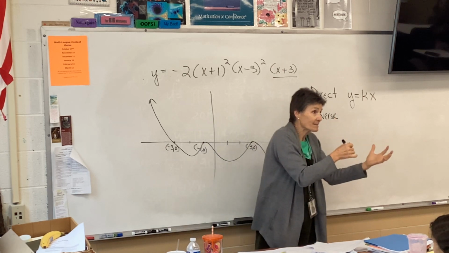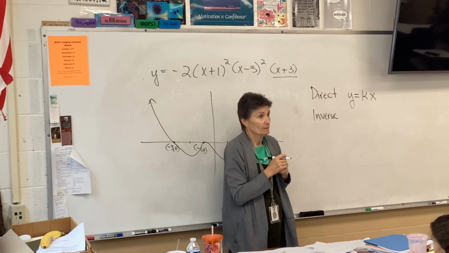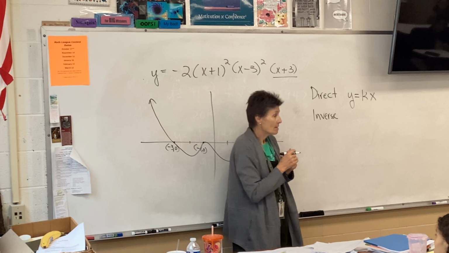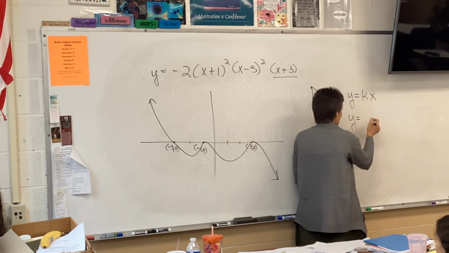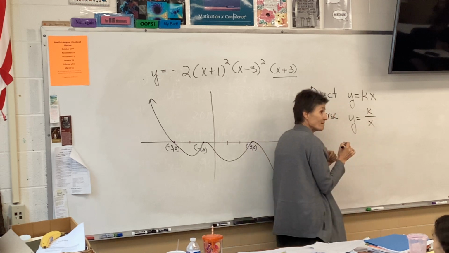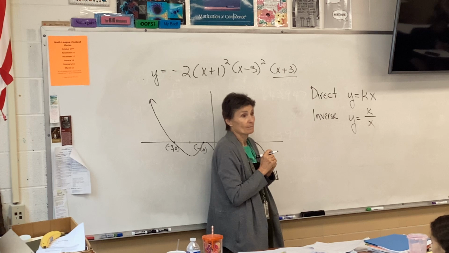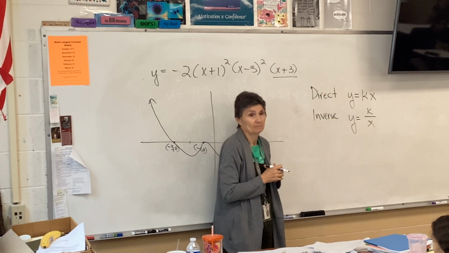So height equals k times weight. Okay? For inverse, it's the first thing equals k divided by the second thing. So height equals k divided by weight.